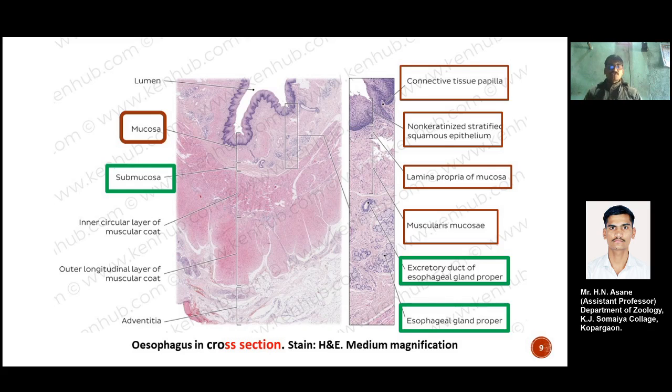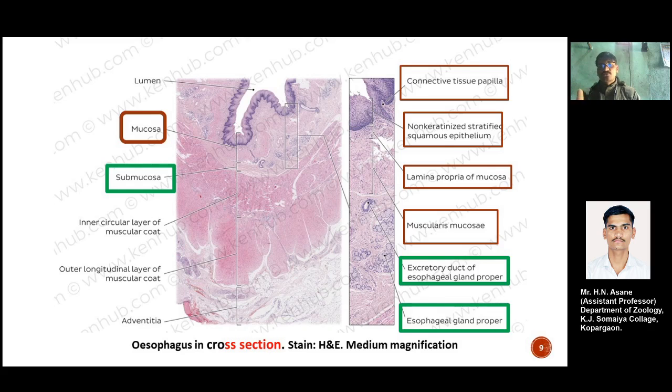So as you can see, the mucosa is the innermost layer, and it has the connective tissue papillae. One section of this cross section is zoomed in for better understanding. It has non-keratinized stratified squamous epithelium, but in ruminants and rodents, this non-keratinized stratified squamous epithelium is replaced by keratinized stratified squamous epithelium.